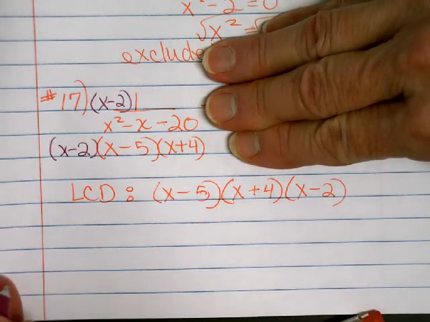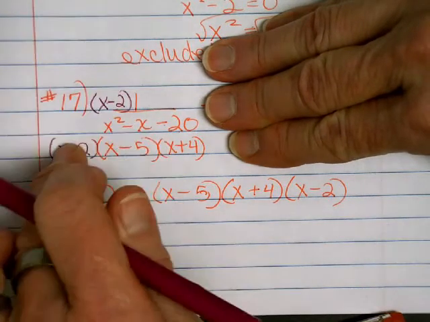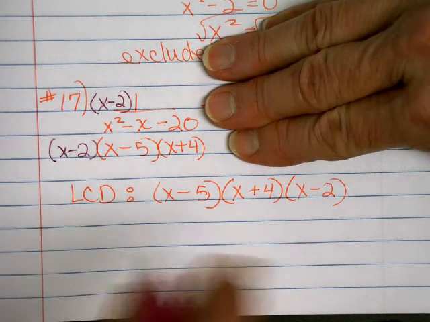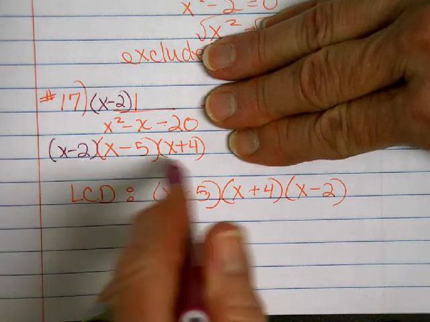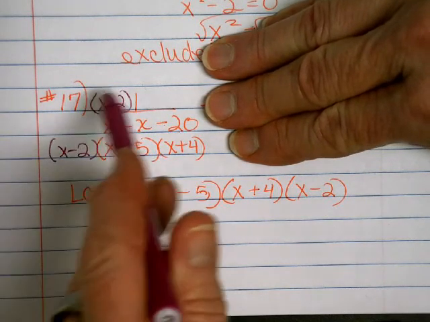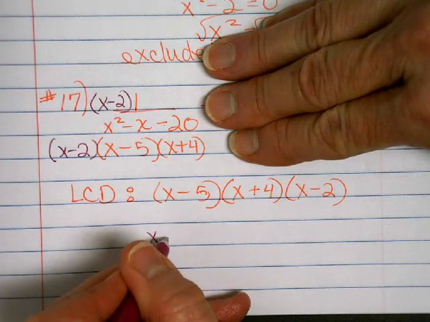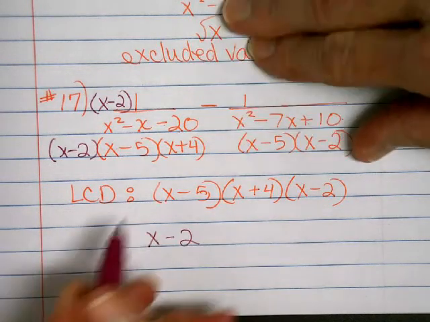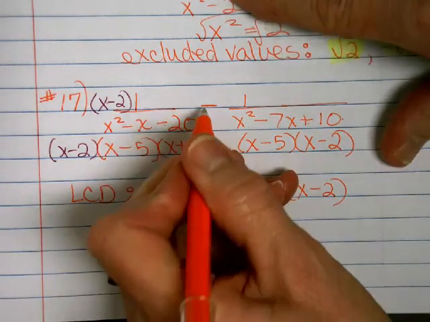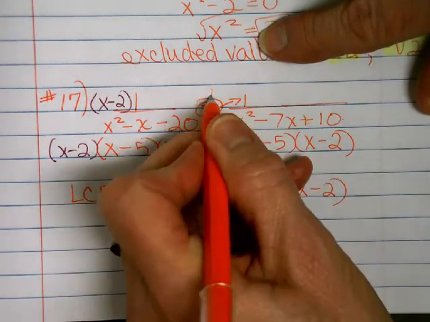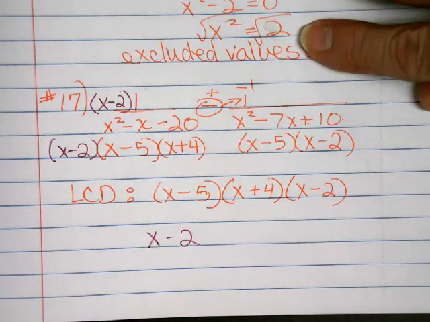When I look at my first fraction, I notice I have two of the three factors I need. So I'm just going to take that numerator and denominator, because I don't want to break the laws of the universe. x minus 2 over x minus 2 is 1, so you're not breaking the laws of the universe, but you are getting a least common denominator.